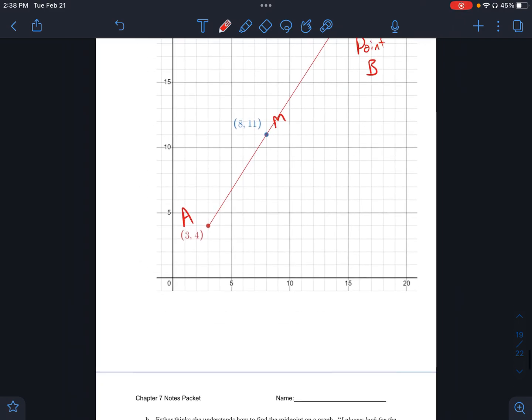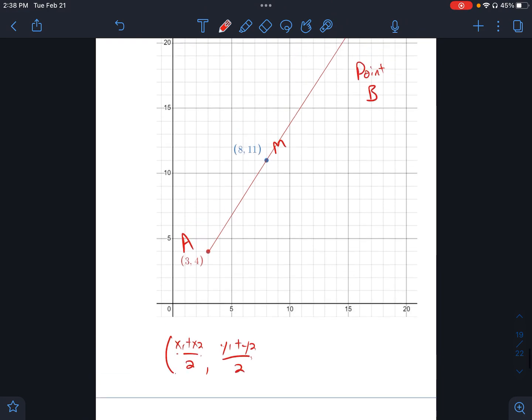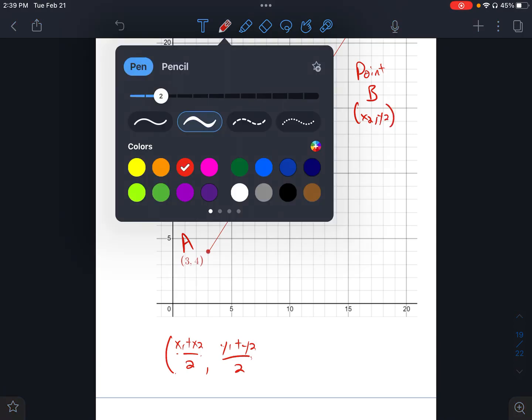Well, I'm going to actually shortcut it here. So we know our formula is x1 plus x2 over 2 and y1 plus y2 over 2. Well here we don't know B, so let's call B x2, y2. But we do know our midpoint.